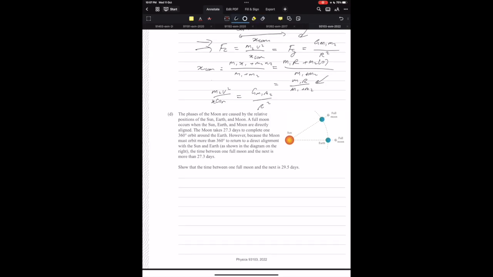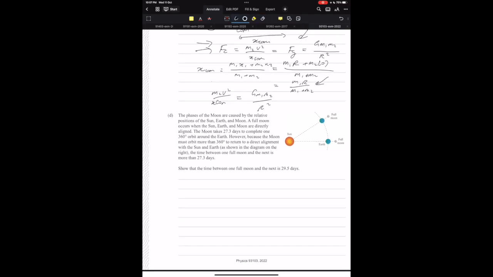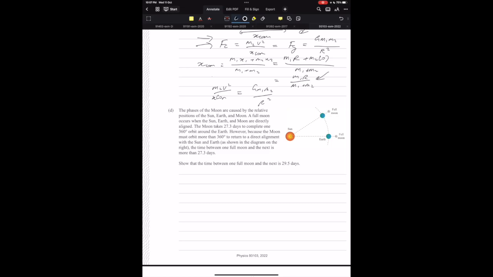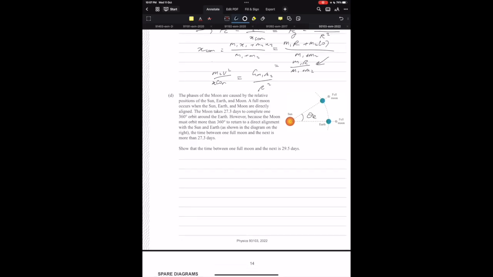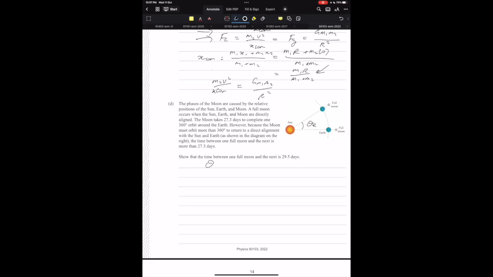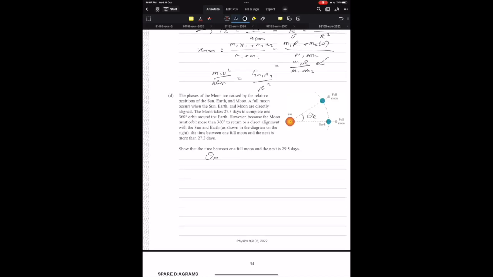Okay, so what we're trying to say here is, the additional angle, the angle rotated by the earth, let's call it theta e. And so the angle rotated by the moon, we call that theta m.